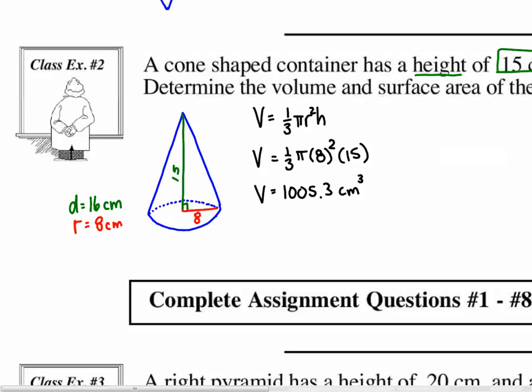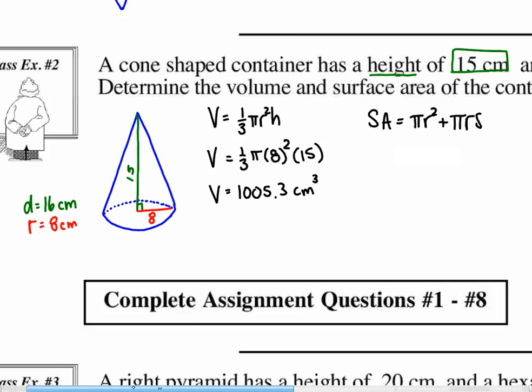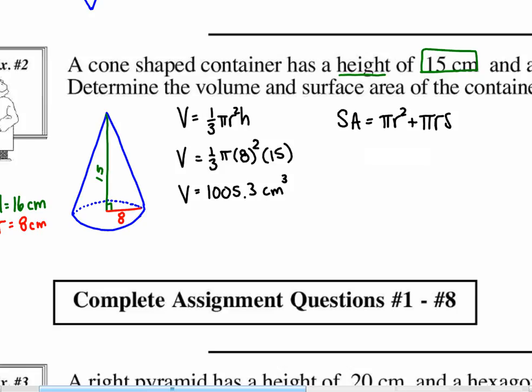Okay, what's the formula on your formula sheet for surface area? So pi r squared. Where does the pi r squared come from? What shape is pi r squared the area of? Yes, a circle. So that's the circle base.